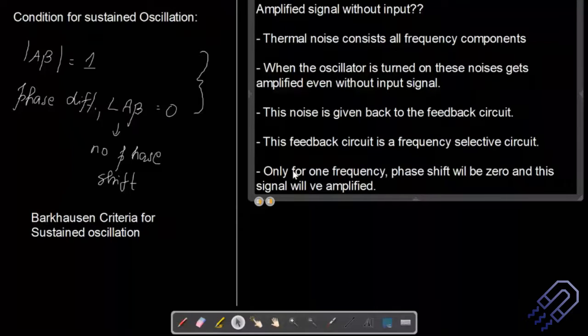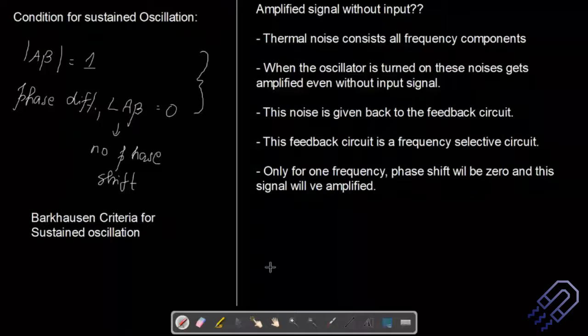If we really want to talk about this in terms of mathematical expressions, let me just repeat whatever we have done here. At the input, we have got the V in, which was the input given originally, plus whatever is given via the feedback circuit, plus Vf.